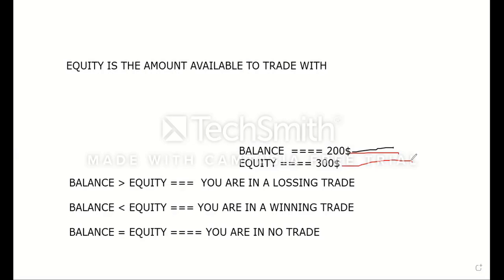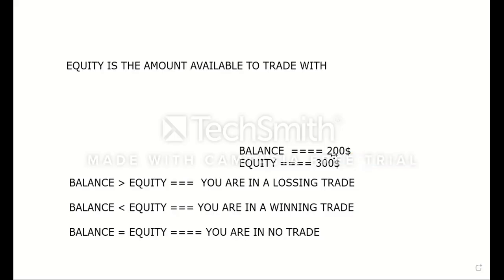In this case, it's telling you that you are actually in the trade with $200, then you made a profit of $100 and you're still in the trade. At this situation, you can see that you are in a winning trade.